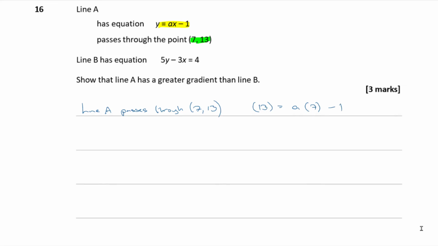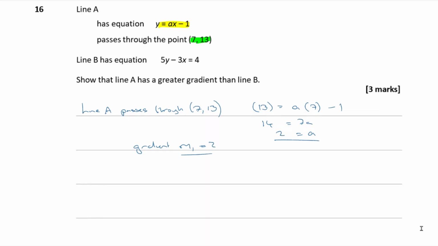So that tells me that 7a is equal to 14. So adding 1 to both sides, I'm going to get 7a is 14, and therefore a is equal to 2. So the gradient then of line A is equal to 2. Gradient m1 is equal to 2. Okay, so that's my gradient.